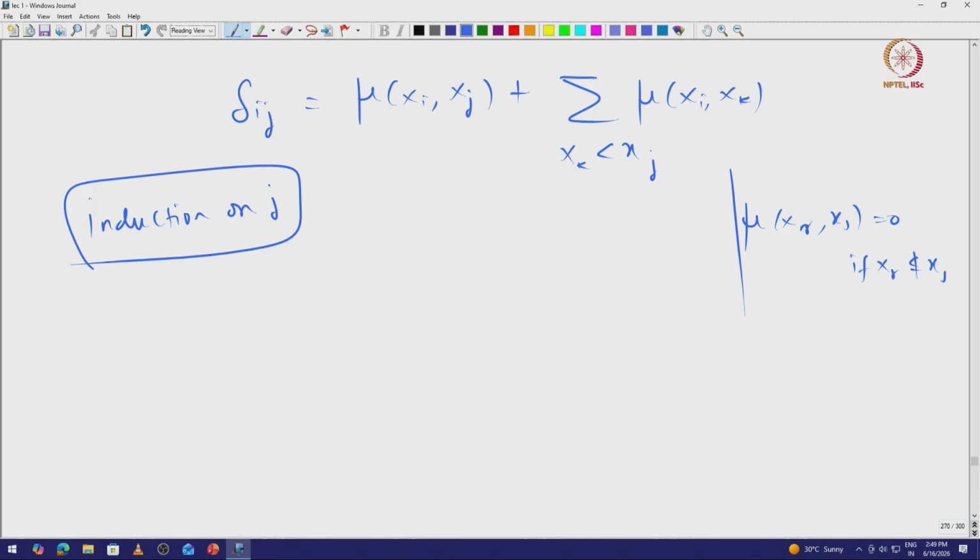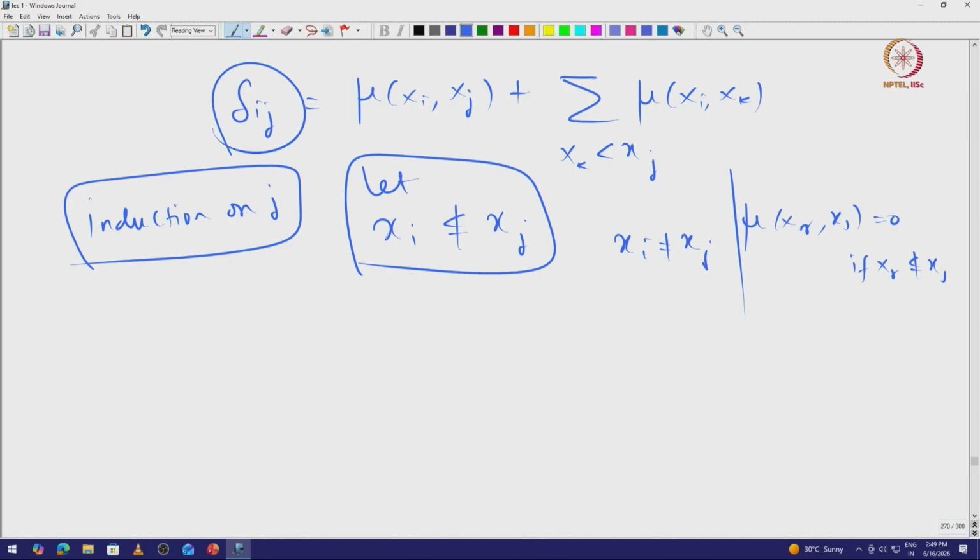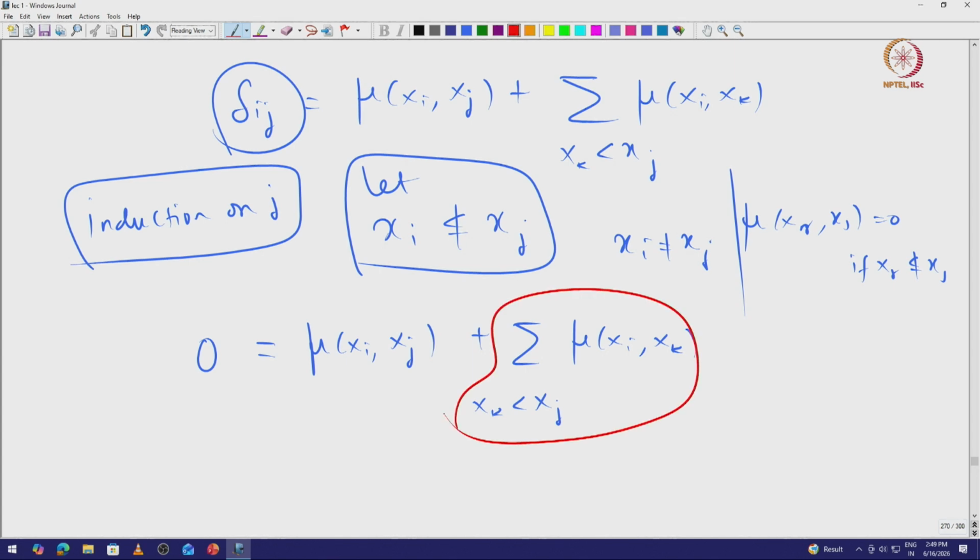Let us look at x i x j such that x i is not less than or equal to x j. This is the situation we are interested in. This tells immediately that x i cannot be equal to x j, so the left hand side must be 0. This gives 0 equal to mu of x i x j plus the summation of mu of x i x k, where x k less than x j. If we are able to prove this part is 0, then we are done.